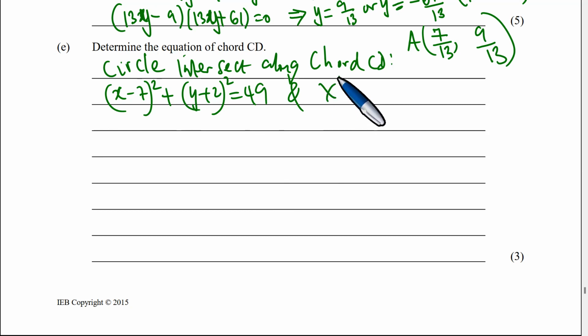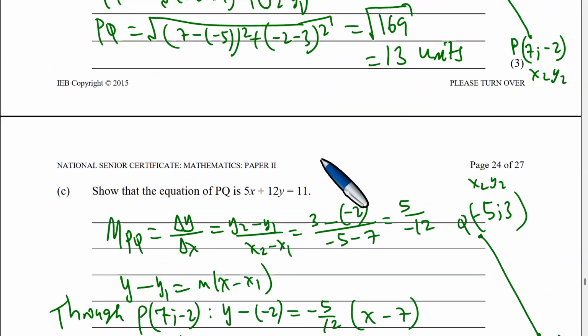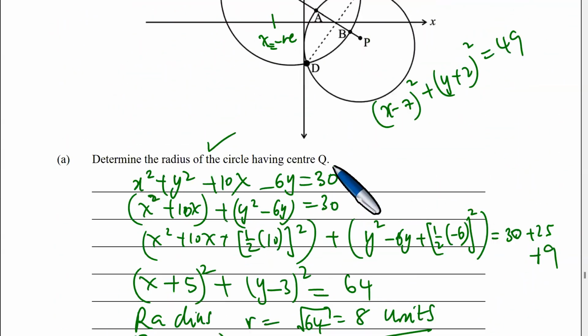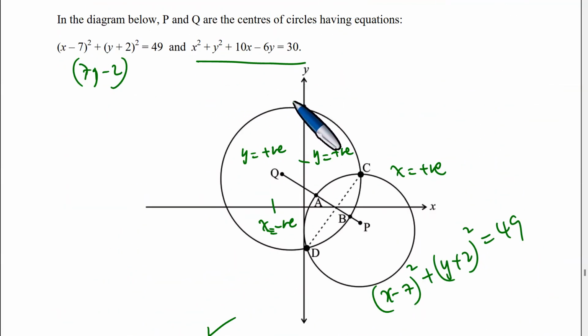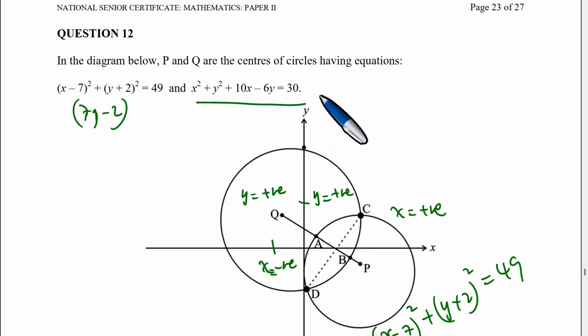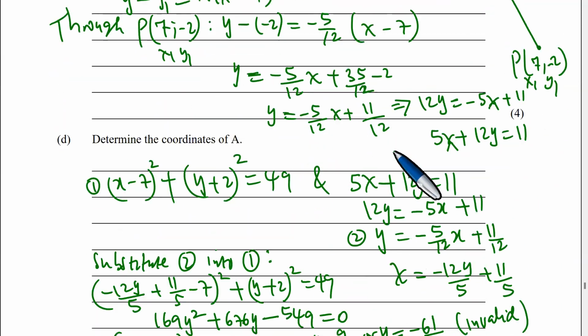And the other one is x squared plus y squared plus 10x minus 6y equals 30.